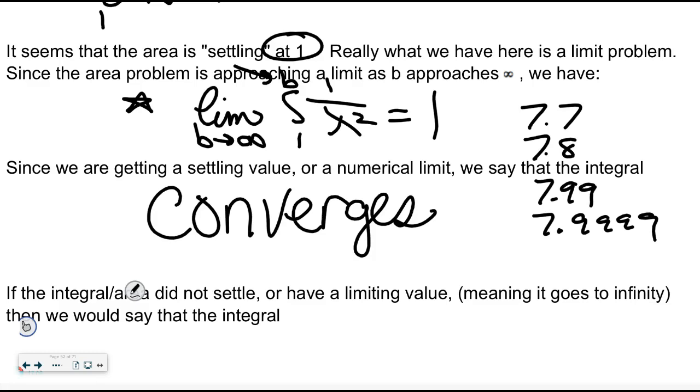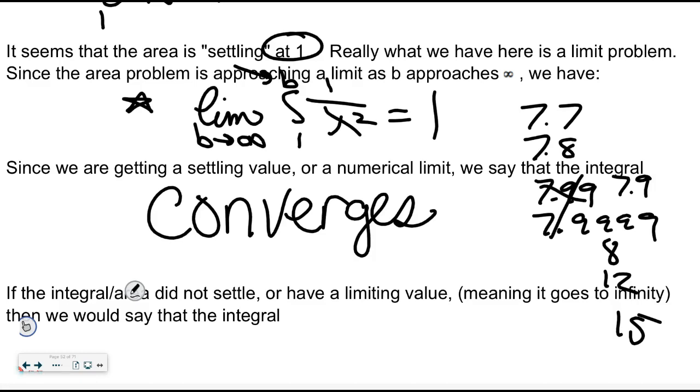You're going to say, oh, this converges to 8, okay? Now, if it went 7, 7.8, 7.9, 8, 12, 15, you're like, oh, it's not settling. So when you think converge, just think of it settling, all right?